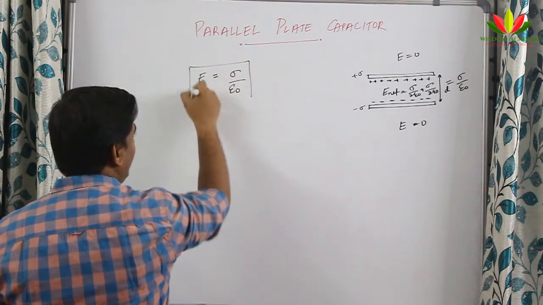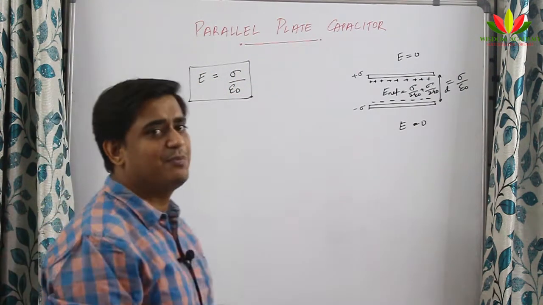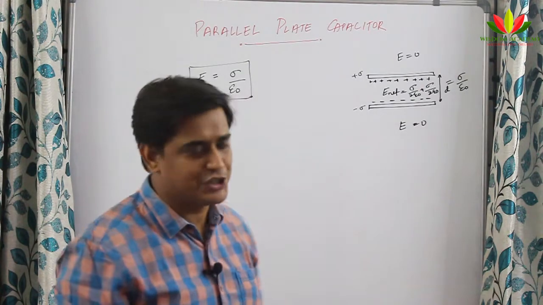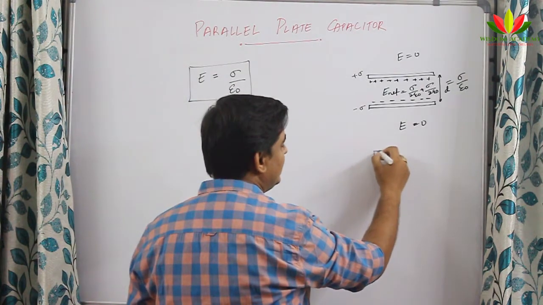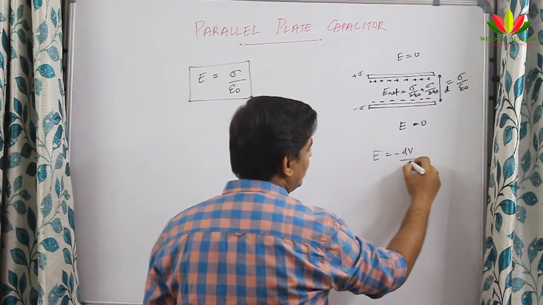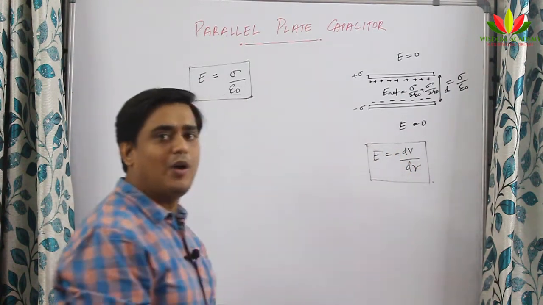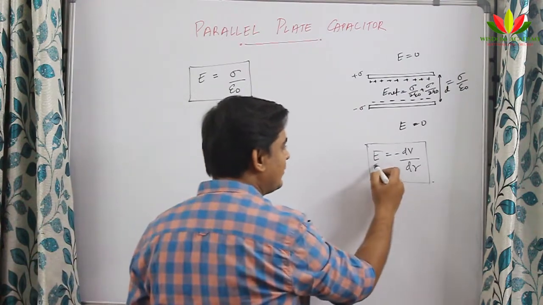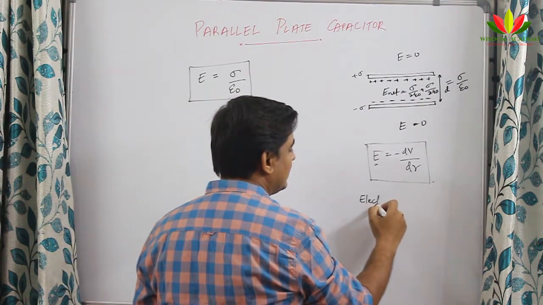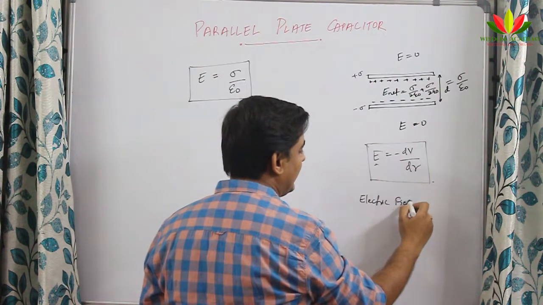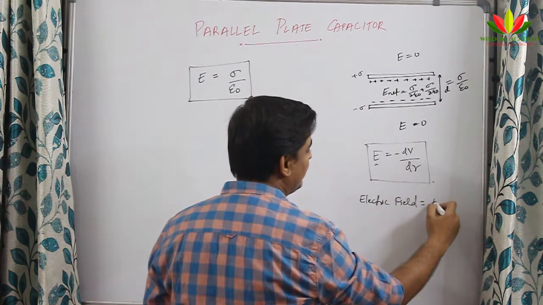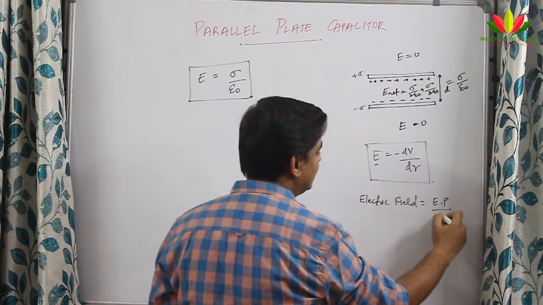Okay. Now we know the relationship between electric field and electric potential. What is that? Electric field is the negative gradient of potential difference. So what happens? This is electric field, I can write like this also. This is electric potential and this is distance.